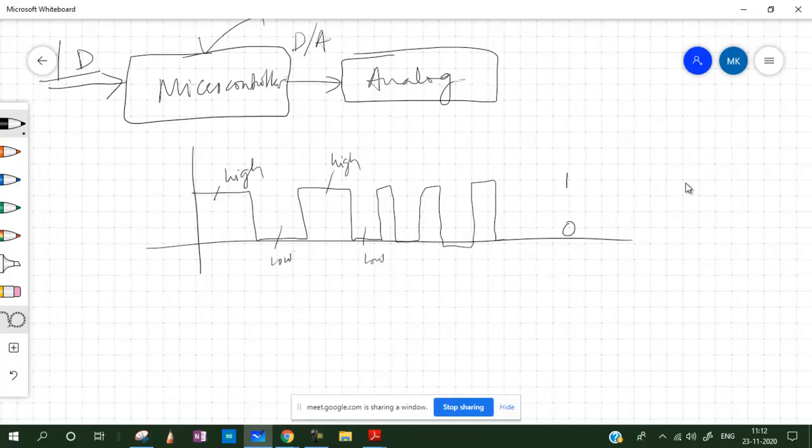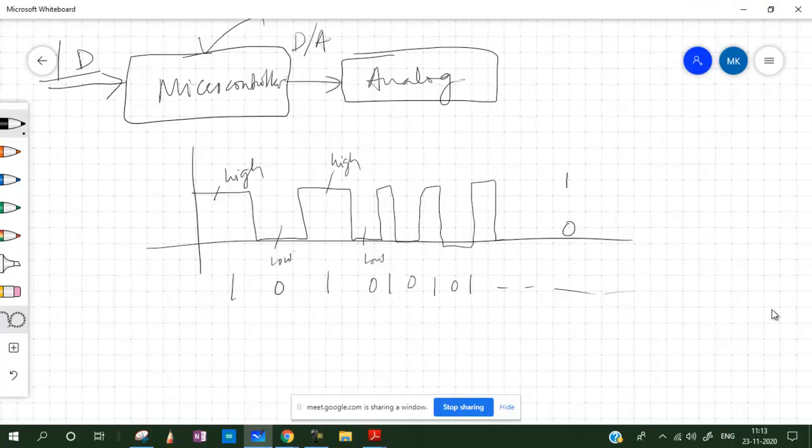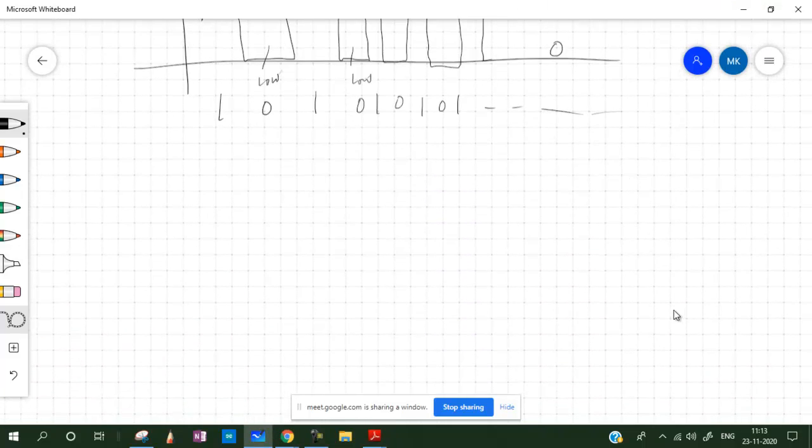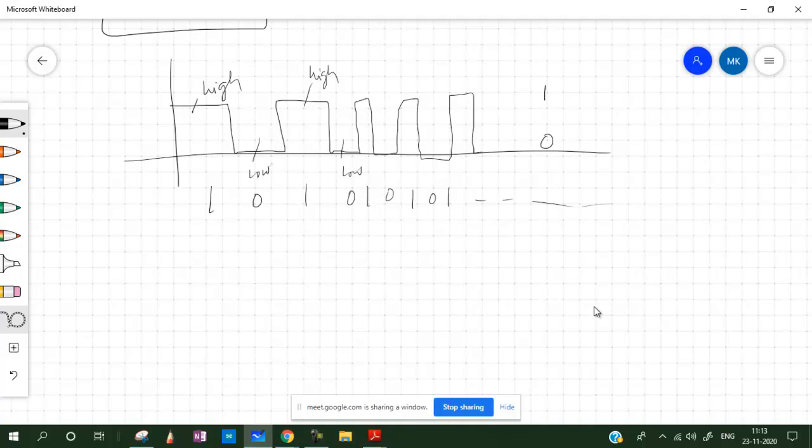So we have a signal like 1 0 1 0 1 0 1 0 and so on. We have a logic 0 and logic 1 that we generally use in digital circuits. We don't have any other thing. We have just logic bits 0 and 1 that control the whole signal. So this is the level and this is the time.